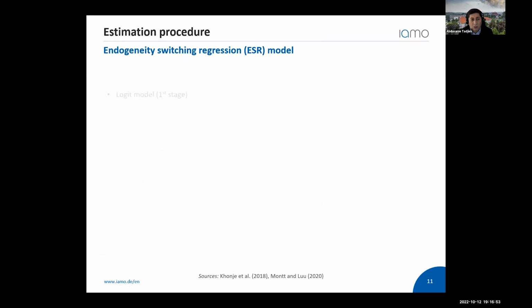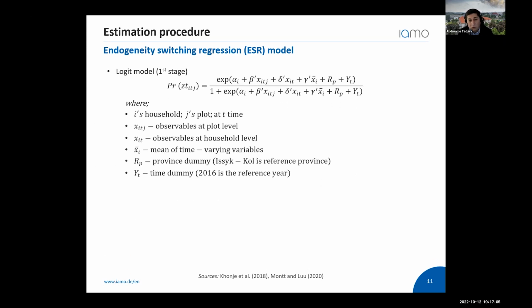In the first stage, a logit model is used to understand the relationship between zero tillage adoption and other explanatory variables, including variables at plot level and variables at household level. To account for unobserved heterogeneity, we also use the Mundlak approach.